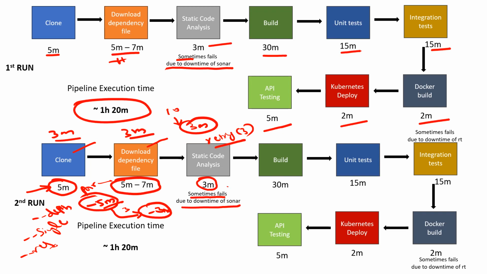But if it is a downtime, then what will happen? All the pipelines execute the clone and download dependencies, and then come to SonarQube static code analysis, and it will fail. So we can avoid this. How? Before the clone itself, we can have one stage, a pre-check stage, where we check all the dependent tool statuses.